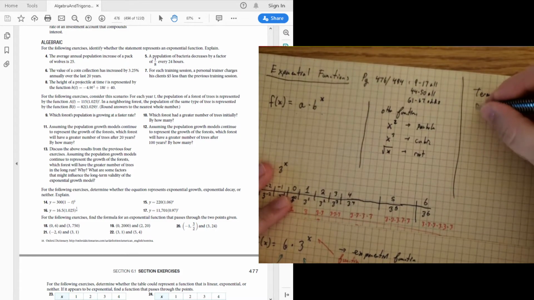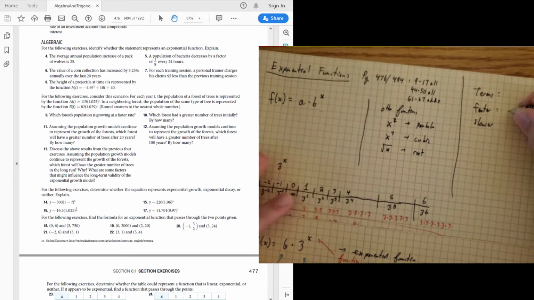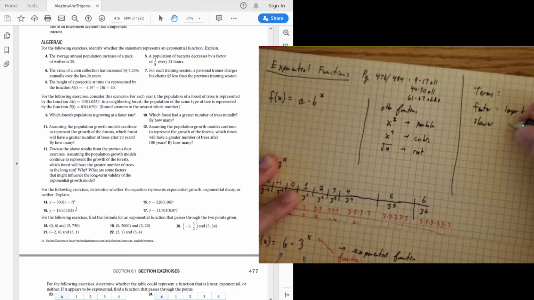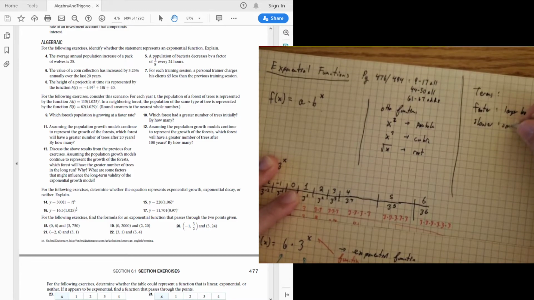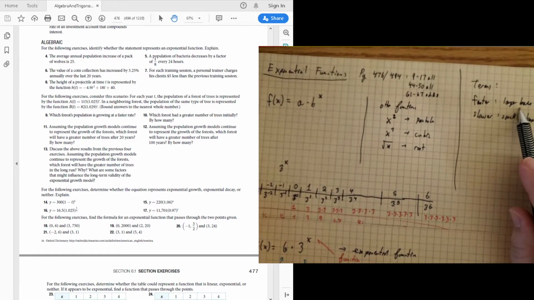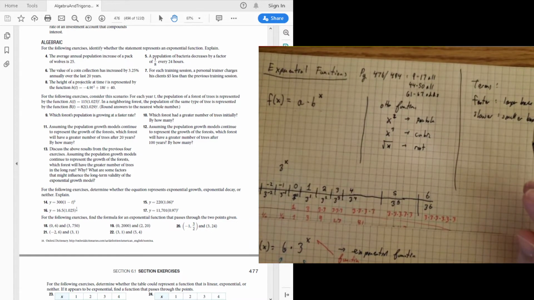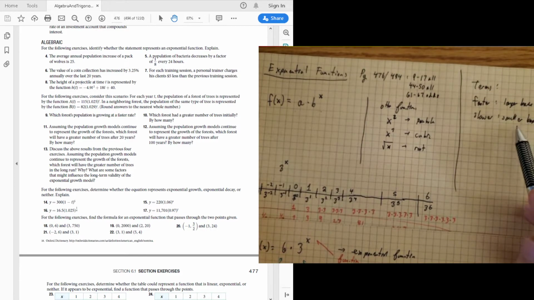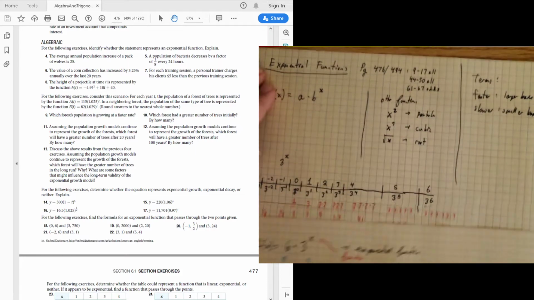If it asks which one's going faster or slower, faster just means larger base. Slower means smaller base. Now, these can still both be positive, it's just which one's the larger positive number or the smaller positive number. They could both be negative, so which one's the larger negative number or the smaller negative number.